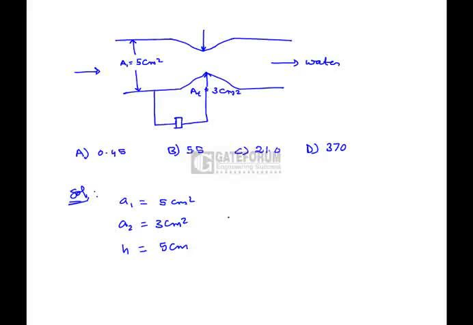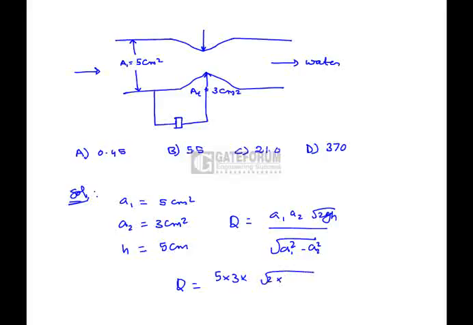So the discharge through a pipe is given by Q = A1 A2 √(2gH) / √(A1² − A2²). Substituting the values, Q = 5 × 3 × √(2 × 981 cm/s² × 5 cm) / √(5² − 3²), which is equal to 37.1 cm³ per second.